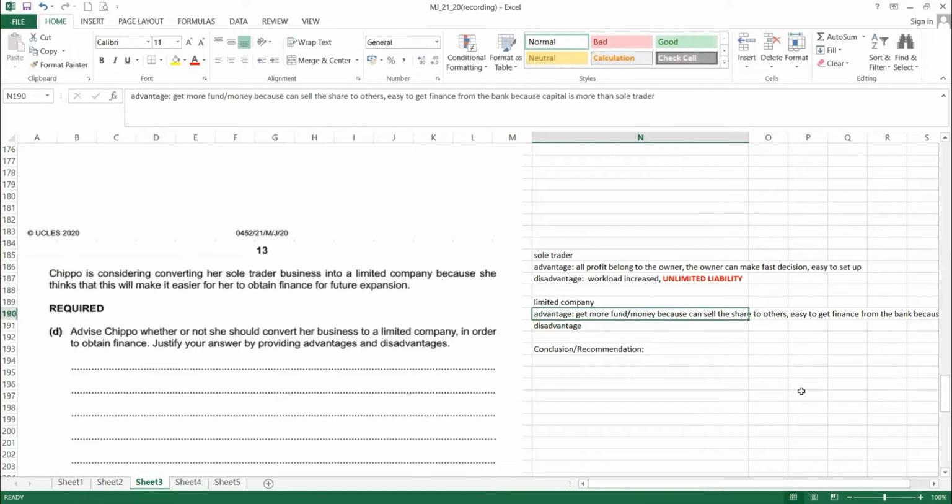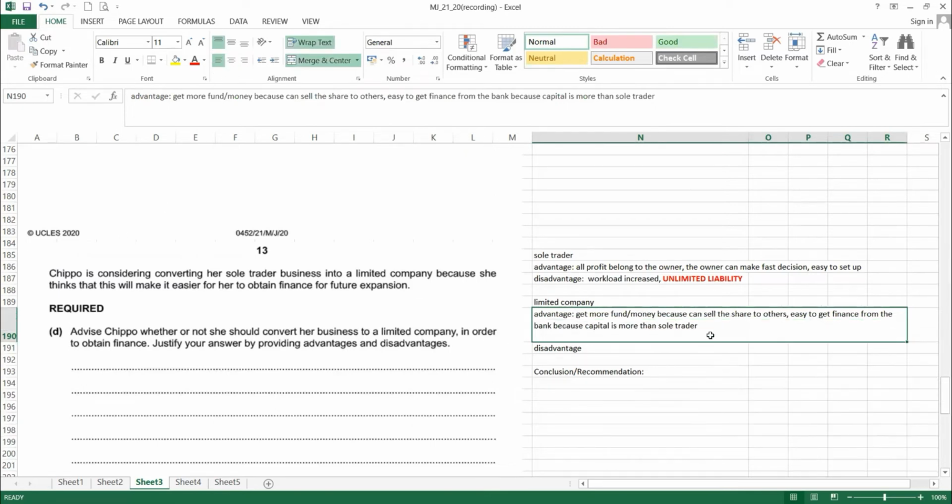That is one of the important reasons why people want to convert into a company, because they can get more money, and compared to getting a loan, getting the finance is easier. Okay, what else about the limited company? About the share, can sell shares, and it is easier to get financing.